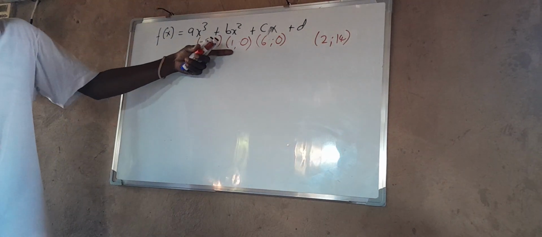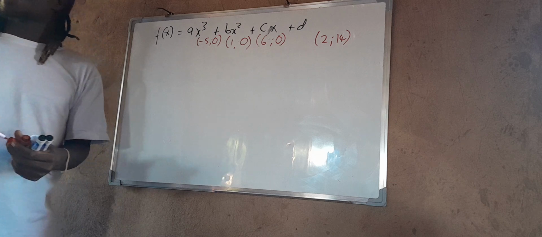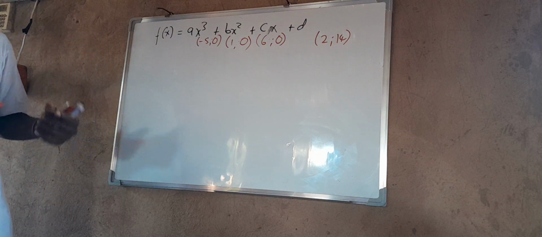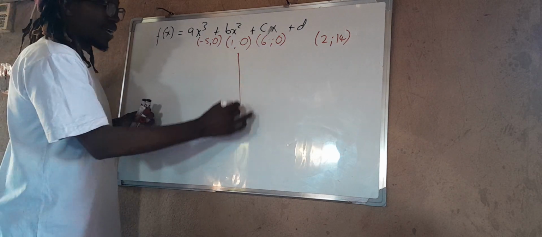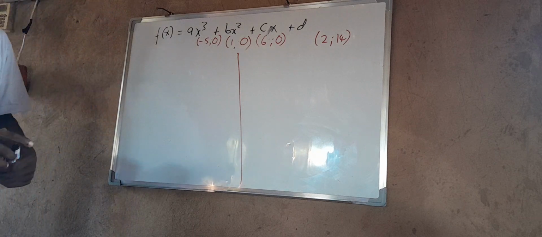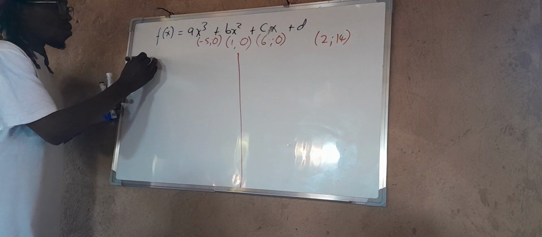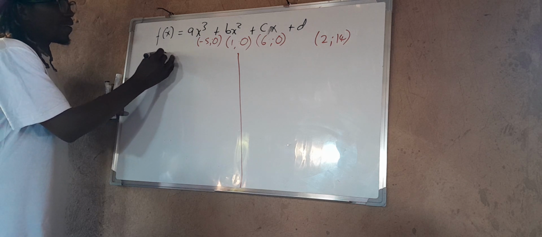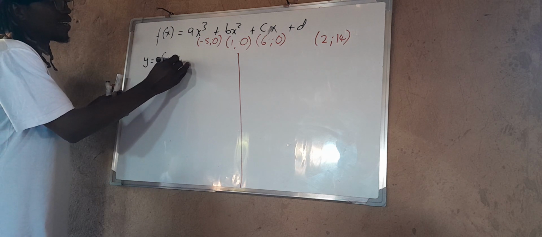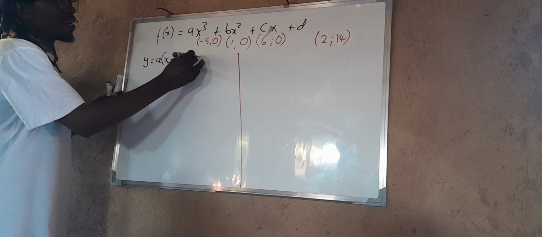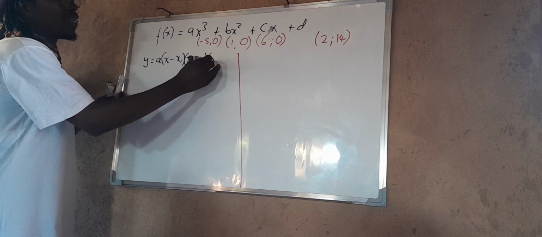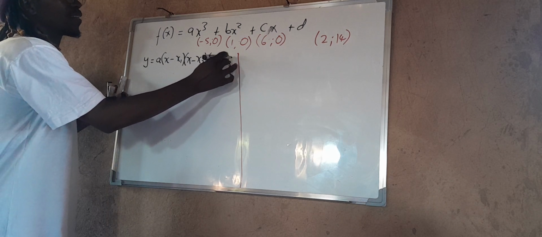So these are our x intercepts, right? We're trying to find the equation of that as well, right? So again, we are going to do the same procedure, right? Yeah. So this is y is equal to a(x minus x1)(x minus x2)(x minus x3), right?